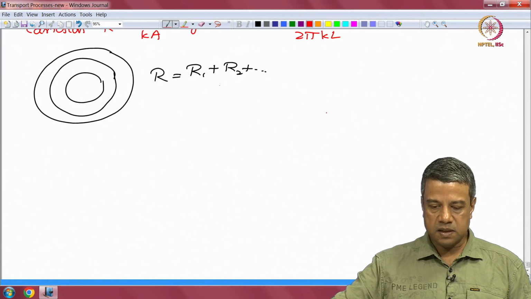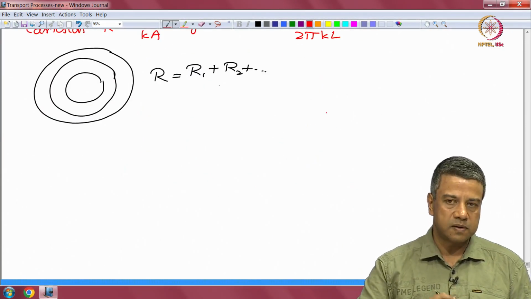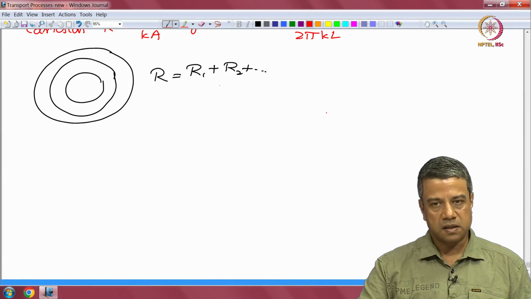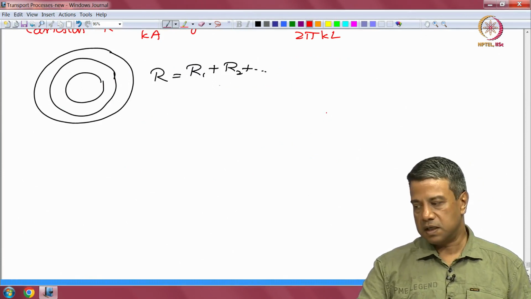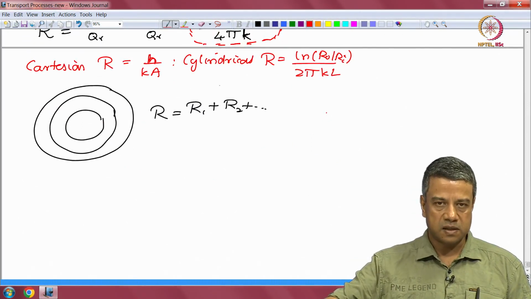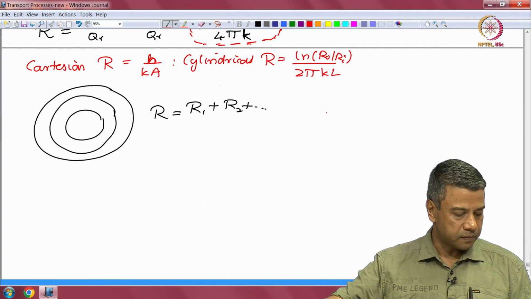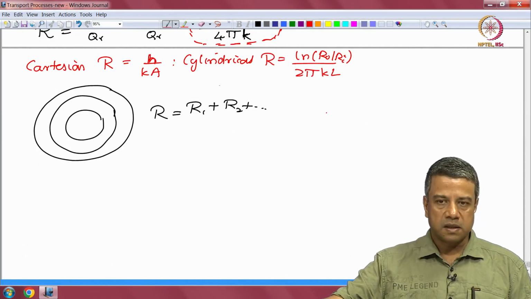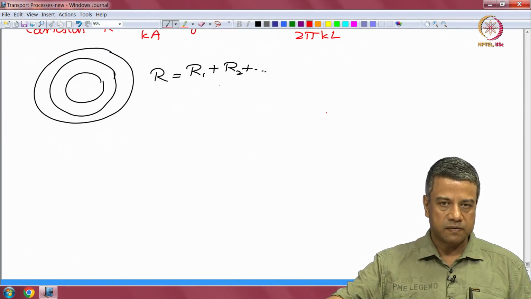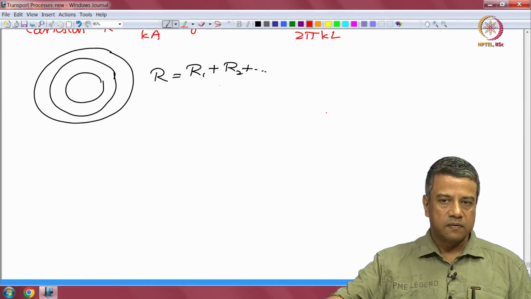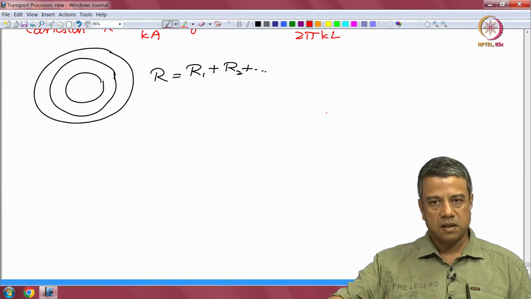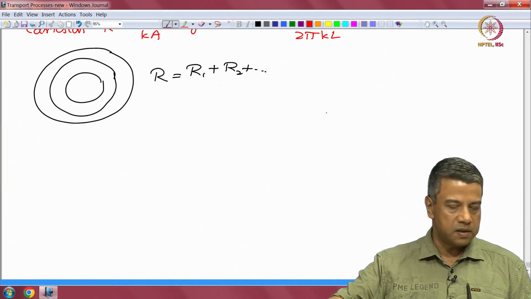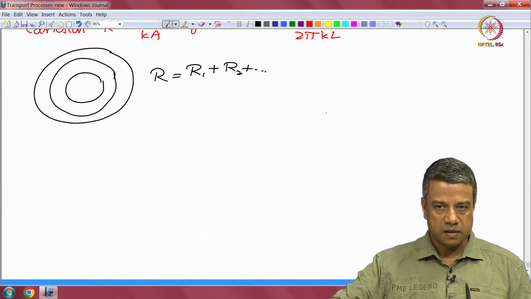So, this completes our discussion of transport processes, Cartesian, cylindrical, spherical, only for the derivation of the equations, and then using the equations only for steady state solutions. In the next lecture, I will start discussion of pressure driven flows. All the flows that we were considering here contained only a shear stress. There was no pressure. That was because we were assuming that it was unidirectional, and therefore, the pressure variation was 0.